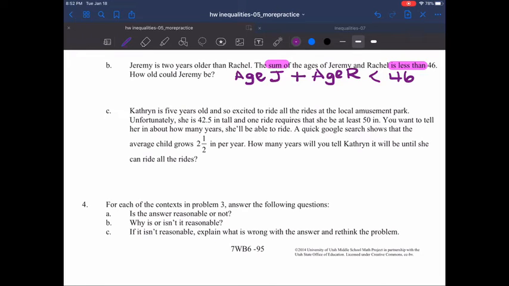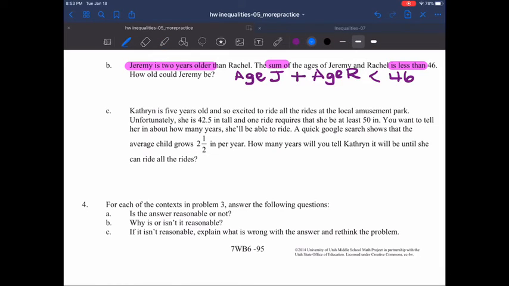Okay, now I'm going to plug in what I know. Do I know how old Jeremy is? Well, no, I don't. But I do know that the age of Jeremy is the same thing as the age of Rachel plus 2. Because Jeremy is 2 years older than Rachel.